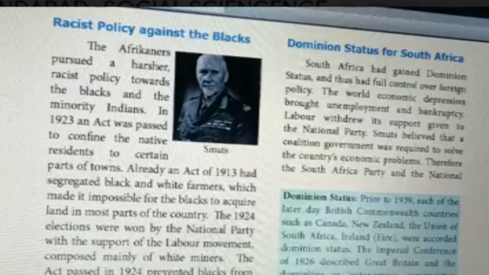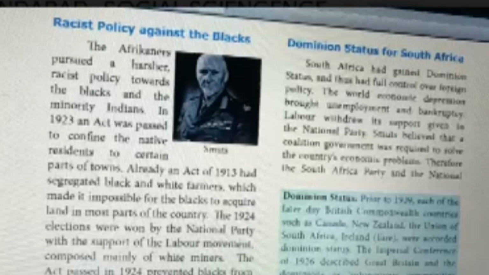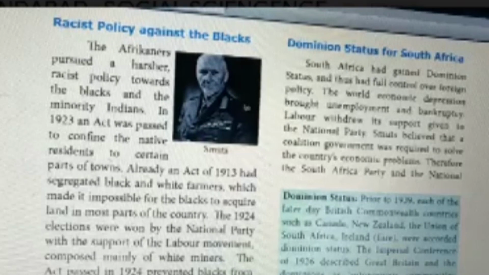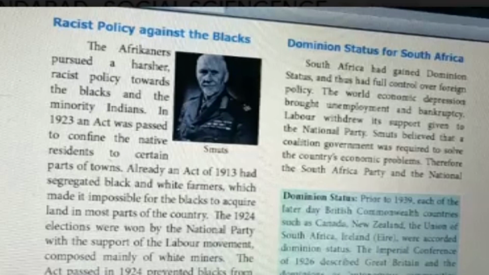In spite of this, General Smuts expected his coalition government, which means a group of people joining together for the betterment of social causes for a common purpose.